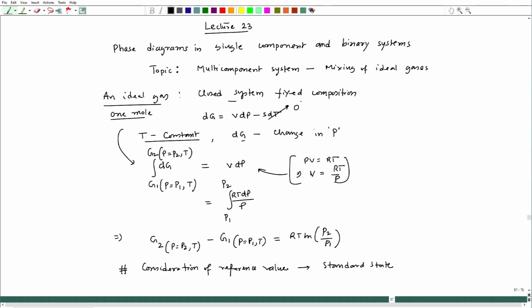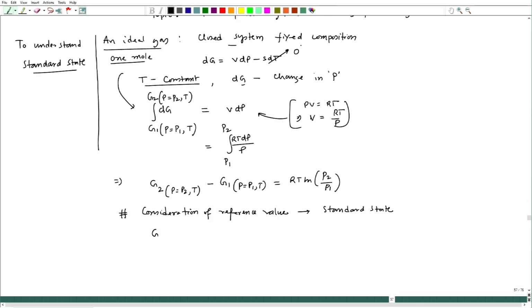Okay. The whole treatment, whatever we are doing, is just to understand standard state.